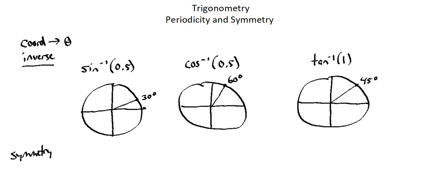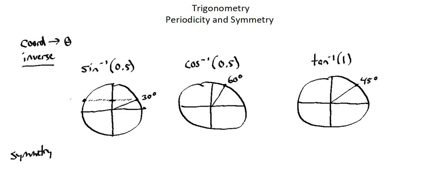If I look at where this point is in relation to the y-axis, I notice that if I work my way over to the left, there's another point on the circle that has the same y-coordinate. And therefore, I have two coordinates on the unit circle that have a sine value of 0.5.